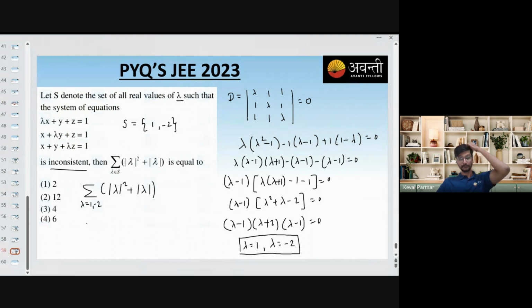If we substitute 1, we'll get 1 square plus 1, plus minus 2 square plus 2. So 1 plus 1 is 2, plus 2 twos are 4, plus 2, which comes to 8. Now, which is not in the options. Did we make a mistake?